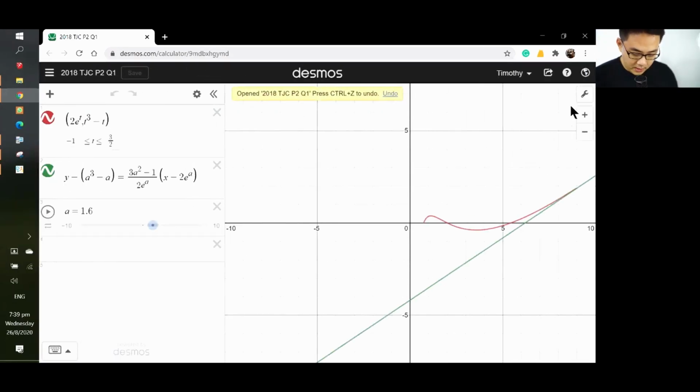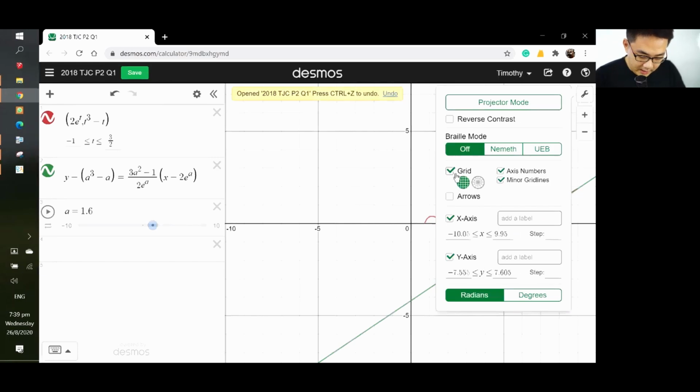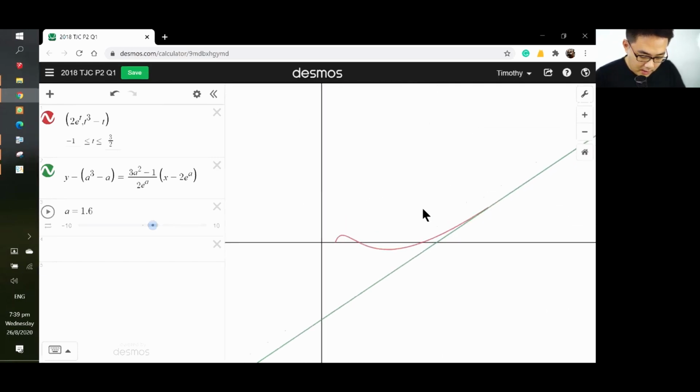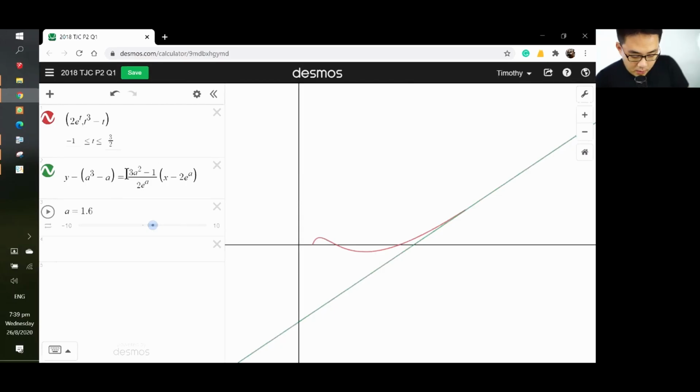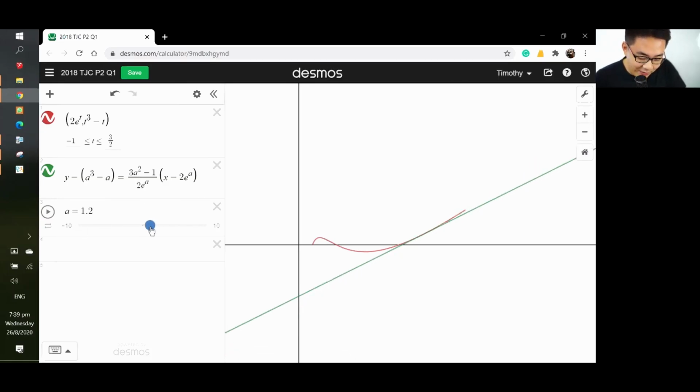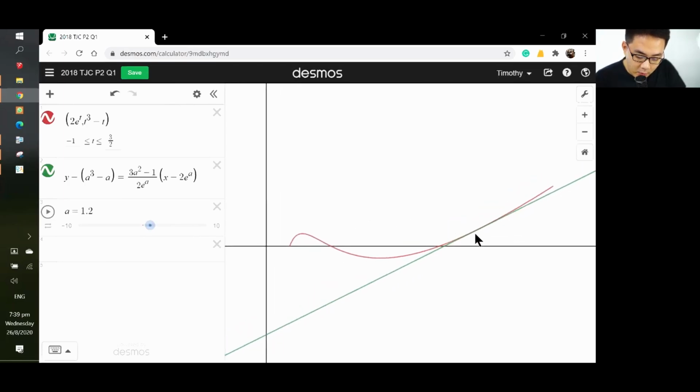So you see here, how it works is like that. You need to understand that this is the equation of your tangent, with different a. If a is 1.2, it will just take this point here. So let me just copy this down.